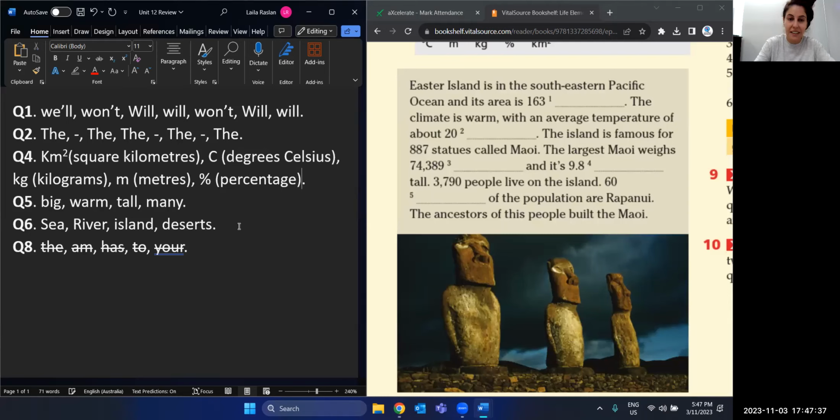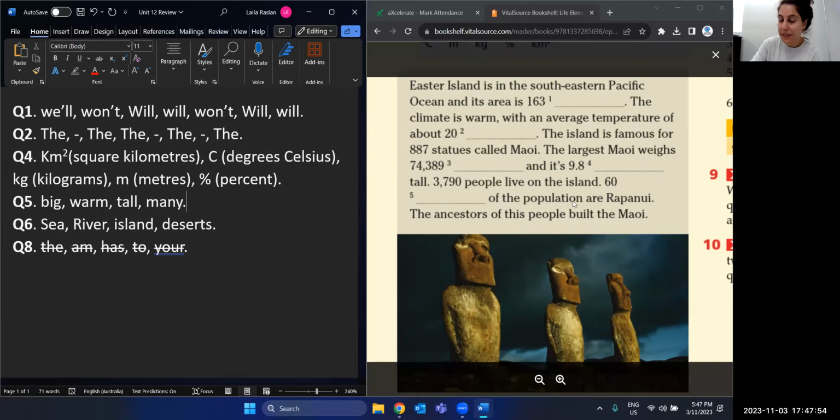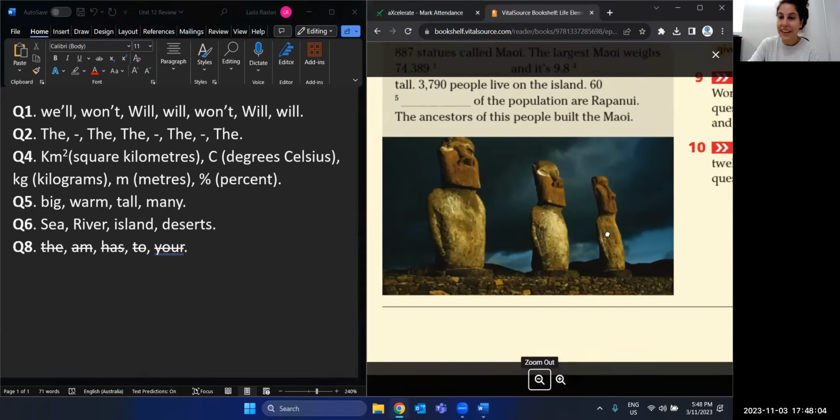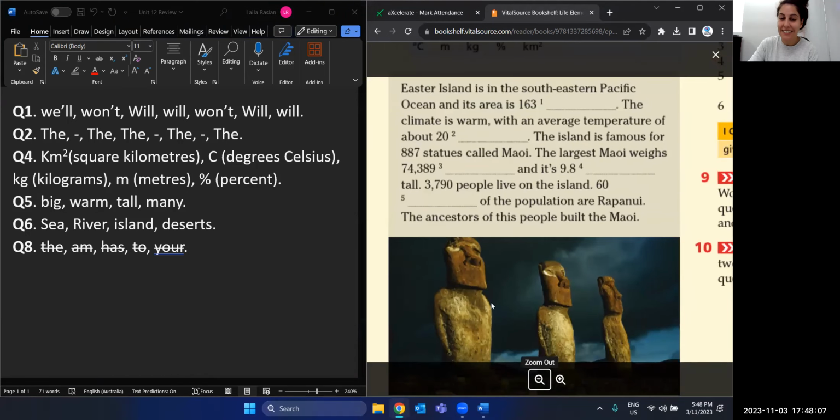So again, when we write, we use the symbol, but when we speak, we say the words, percent. So 60% of the population are Rapa Nui. The ancestors of these people built the Moai. Okay, interesting. That's on Easter Island.